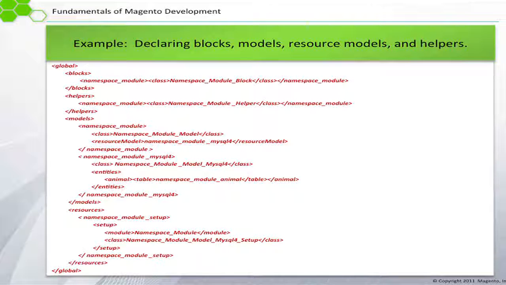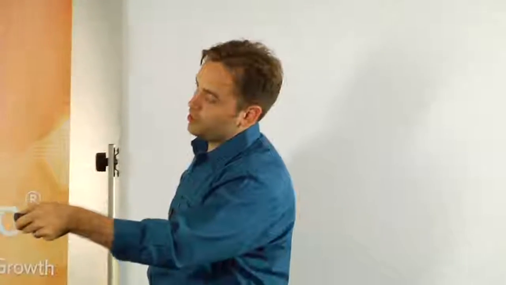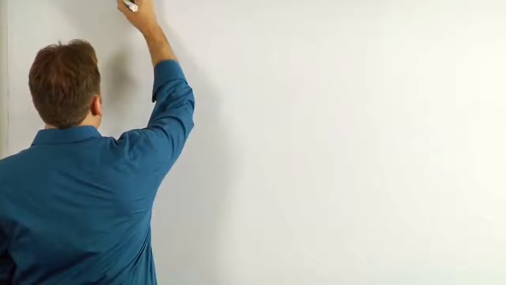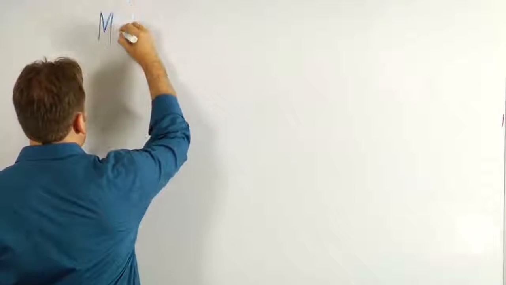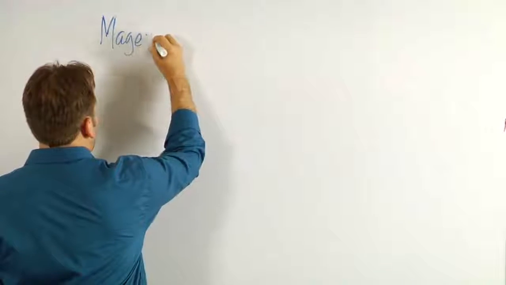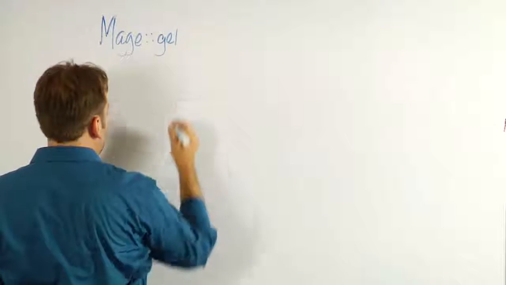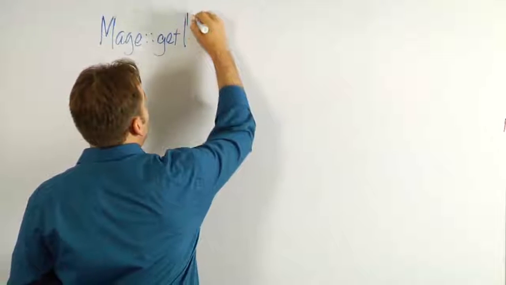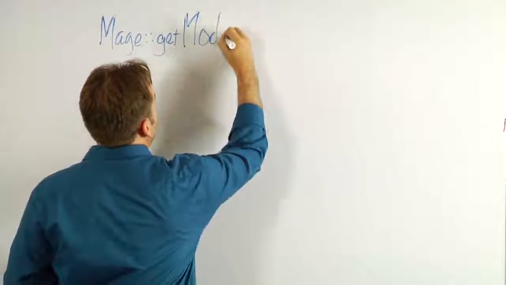So namespace module block. So now I could call for this, for example, for a helper. I could say namespace module, let me see, mage helper. Based on what's configured here for blocks, helpers, models, I could do, for the helper, let's say mage. Well, I'll do get model since I've started writing get.